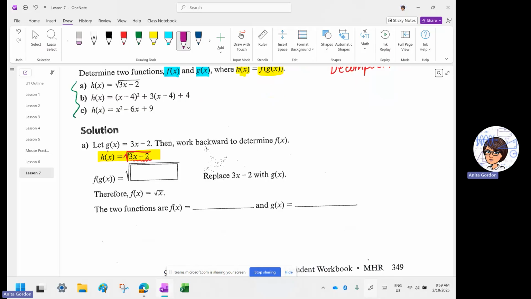So if we let g of x represent the linear function, the inside bit, then we could write it like this: square root of 3x minus 2, and therefore this radical is going to be represented by f. So the two functions were a square root function and a linear function.